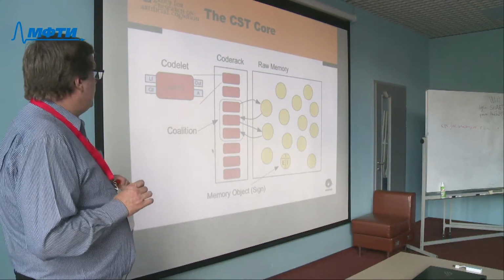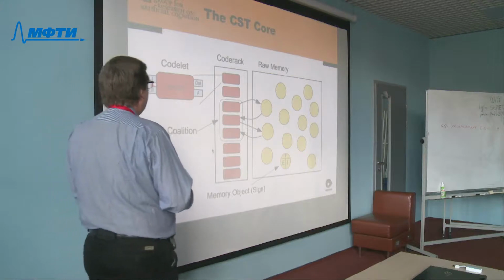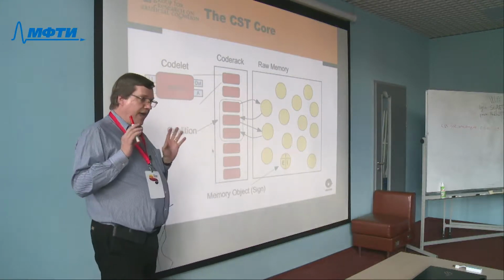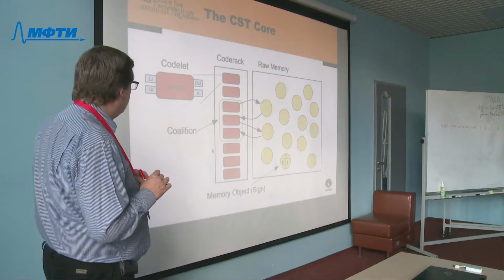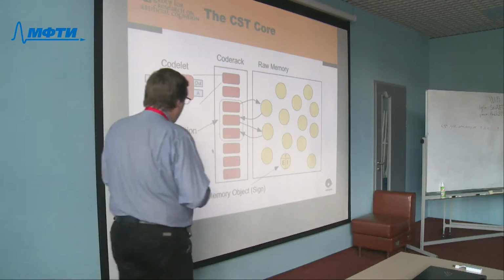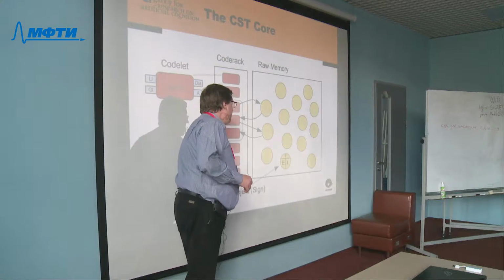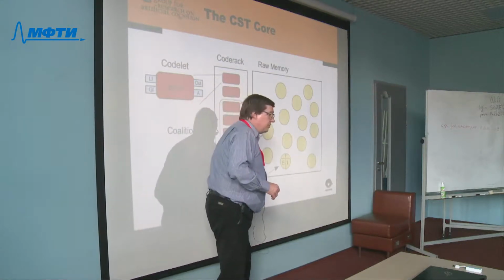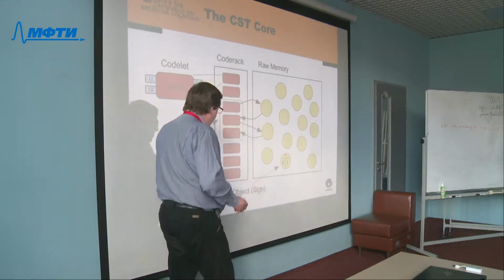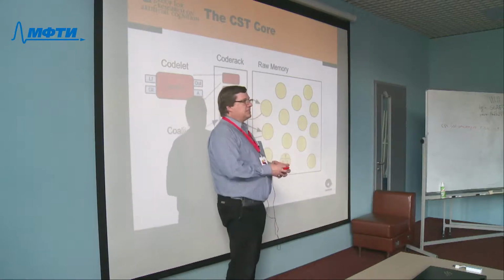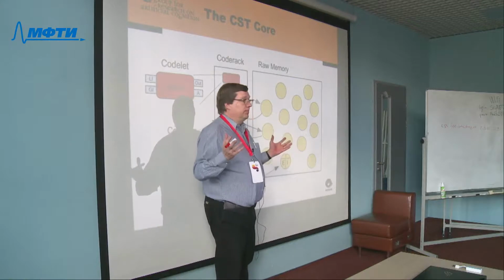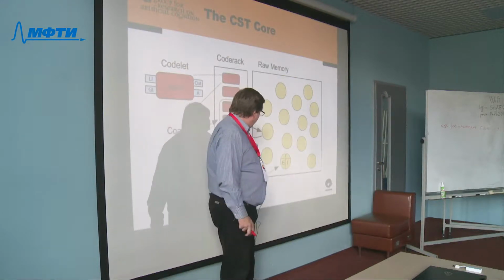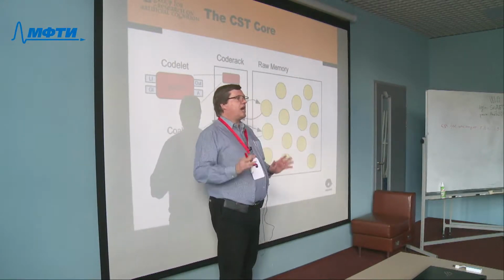Basically, we have two different software entities that are important for us. The first one is the idea of a memory object, or a memory, or a sign, if you wish. A memory object embeds some piece of information. That could be whatever. In our case, a memory object can be any Java object.